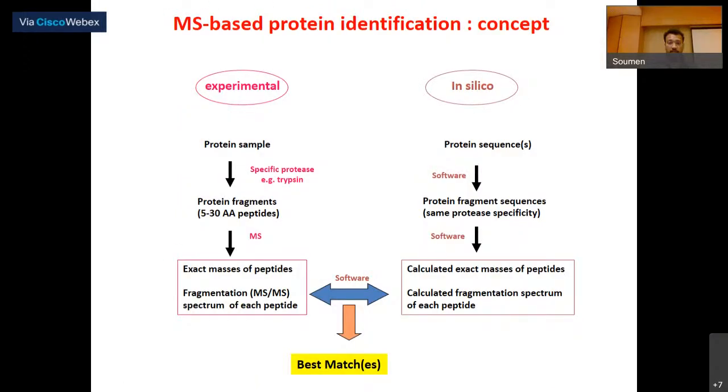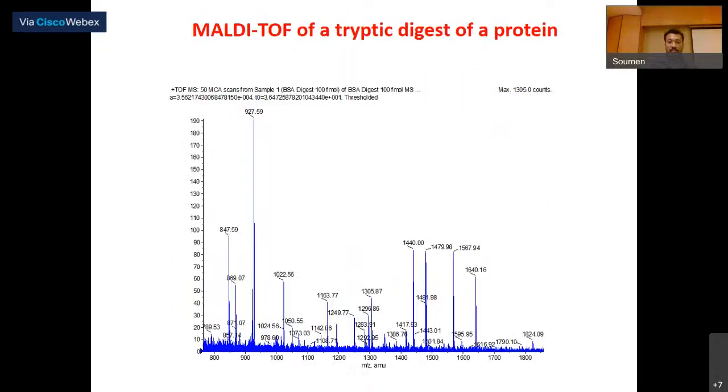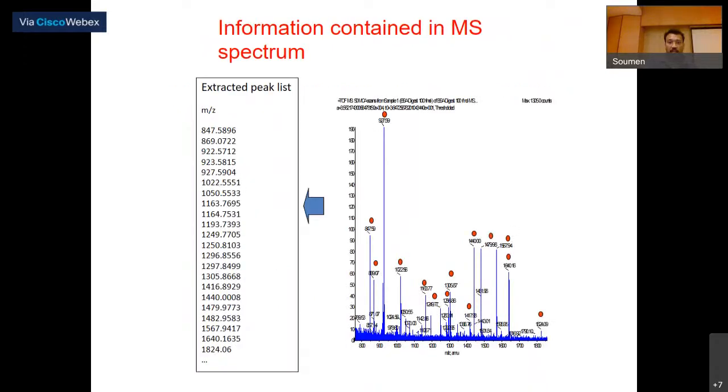So again, just to summarize what you do experimentally, you have a protein sample, you have your protein sequences from all protein coding genes, and you have a fragment sequence with the mass and fragmentation pattern. Then you convert this to extract the peak list, and these are the different masses which are present here.